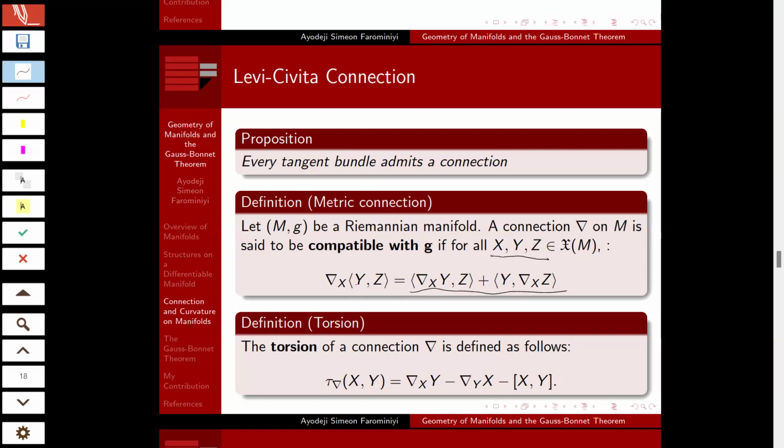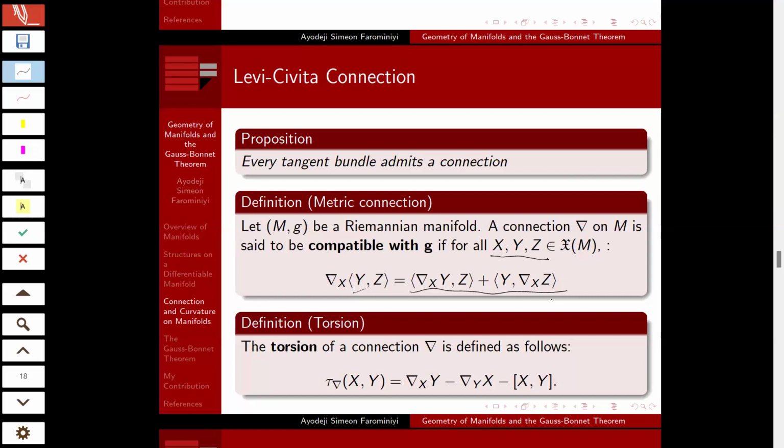So the derivative of the product of Y and Z with respect to X is equal to the product of the covariant derivative of Y with respect to X and Z, plus the product of Y and the covariant derivative of Z with respect to X. So this defines the compatibility of a connection with a metric. The metric connection provides a way for us to differentiate vector fields on the manifold while preserving the metric structure. So the underlying metric structure on the Riemannian manifold is preserved.